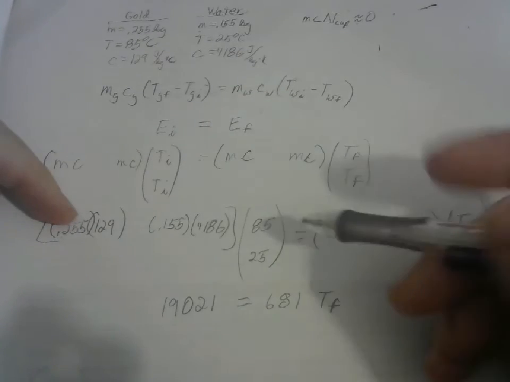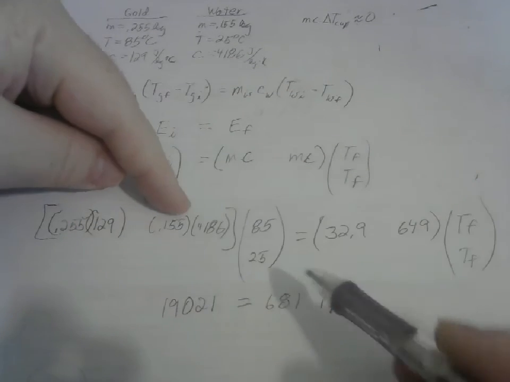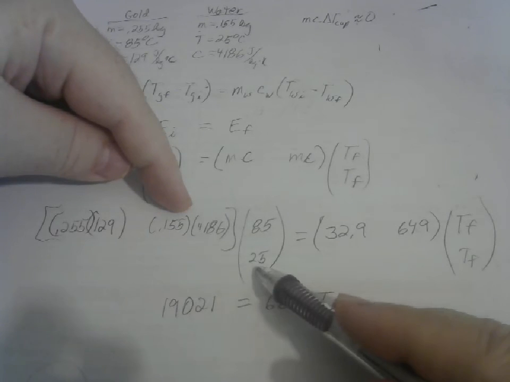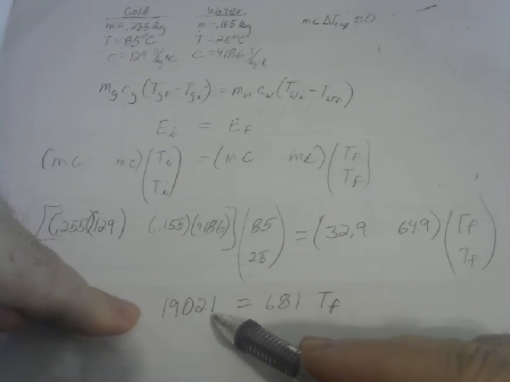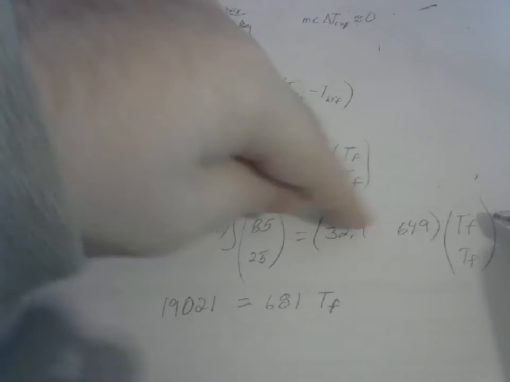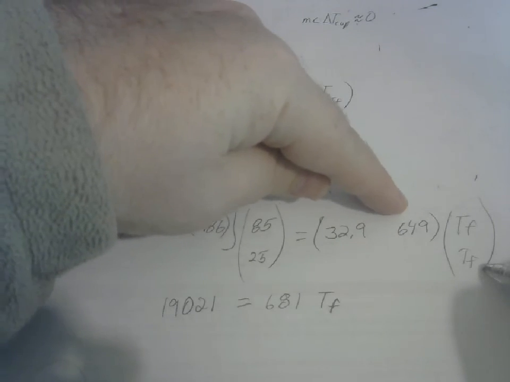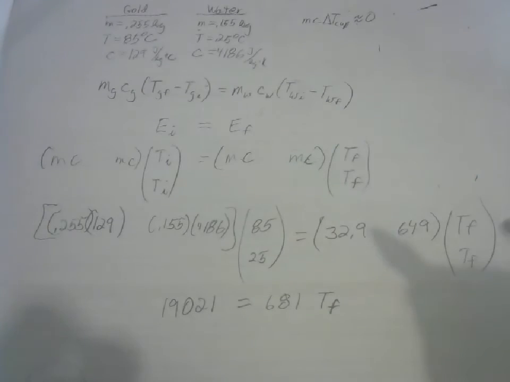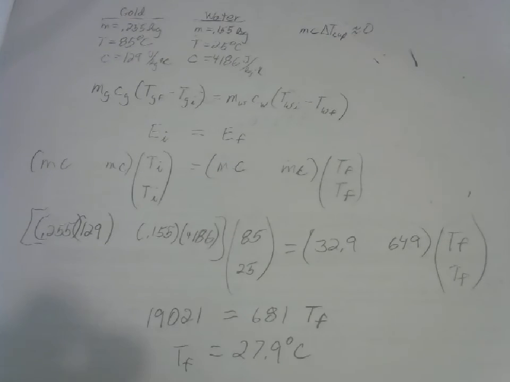Now the 32.9 times 85 plus the 649 times the 25 gives you 9,021. And the 32.9 T final plus 649 T final gives you 681 T final. And you come up with 27.9 degrees Celsius.